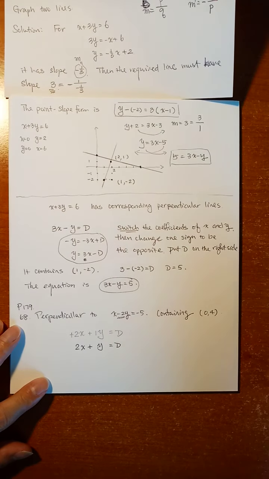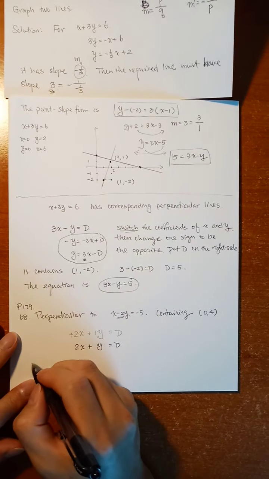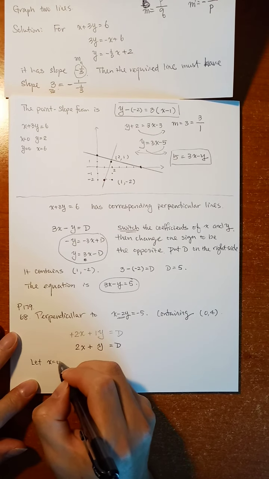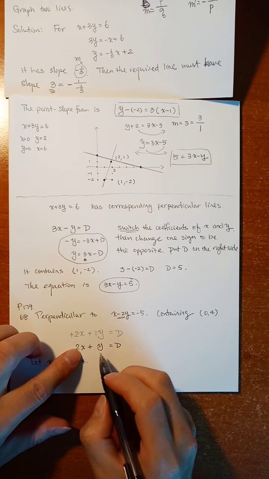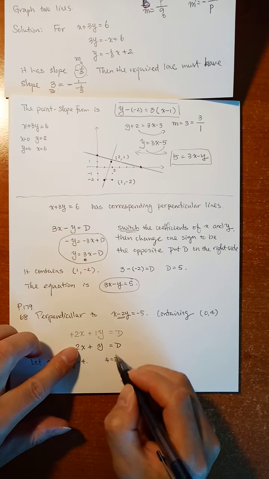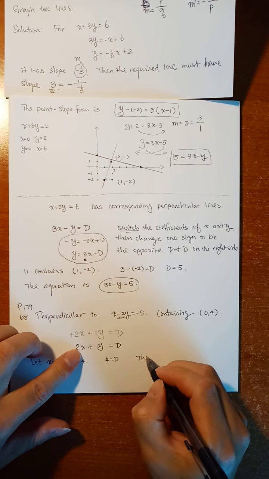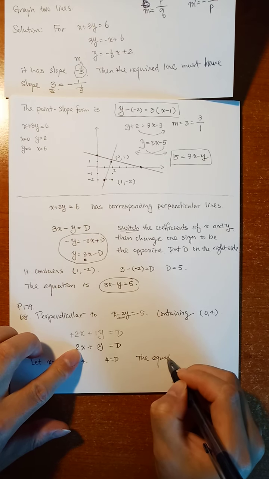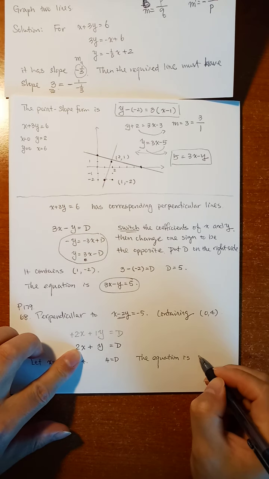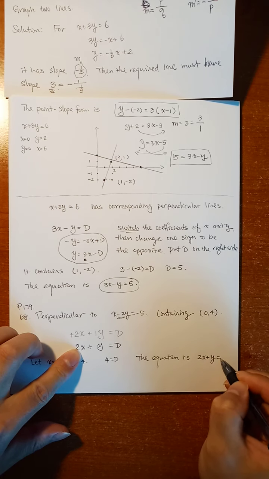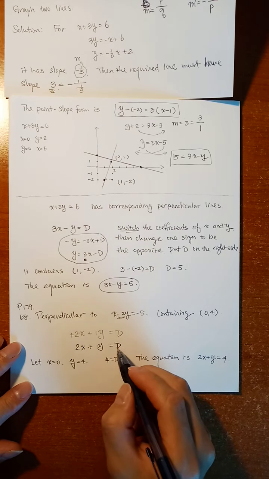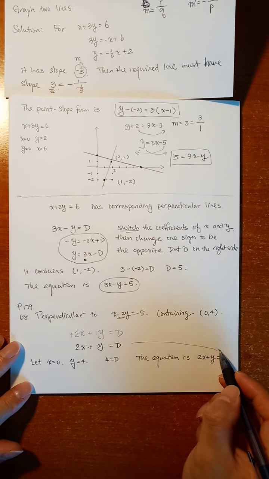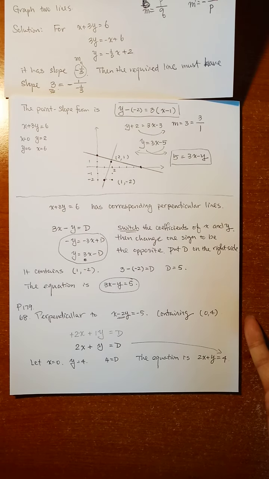Then you let x be 0, y be 4. x is 0, 2 times 0 is 0. y is 4, so you get 4 equal to D. So D is 4, and the equation is 2x plus y equal to 4. This last step is used to determine the value D, because we just artificially put a D there.